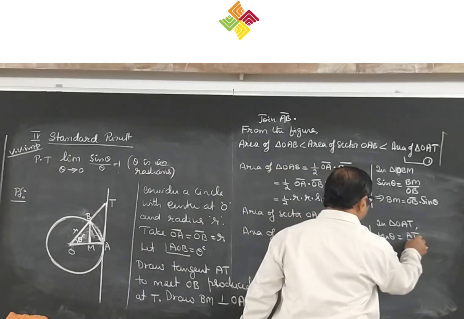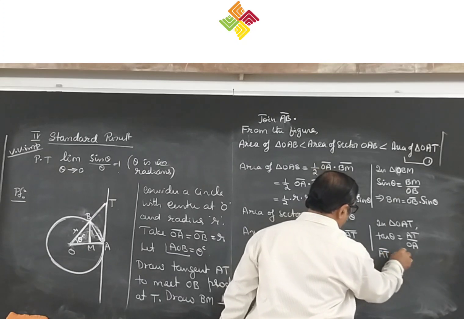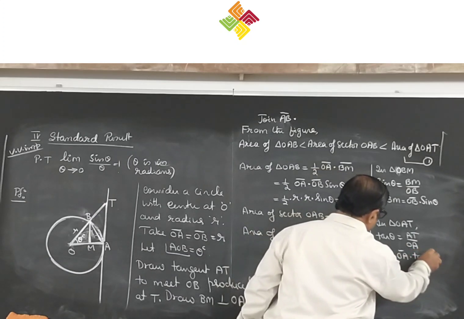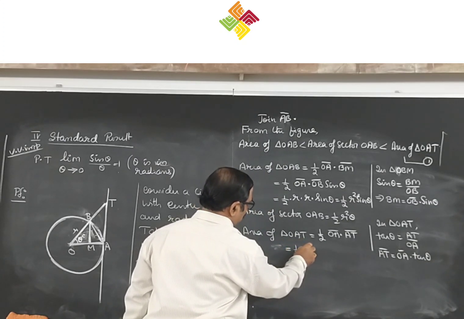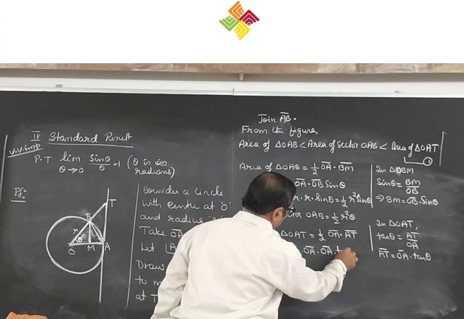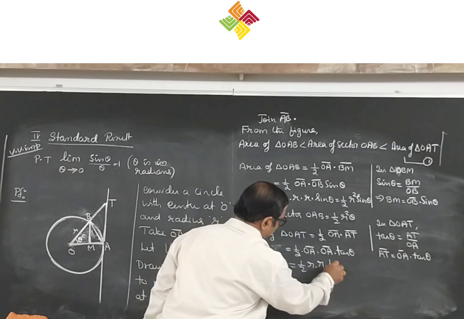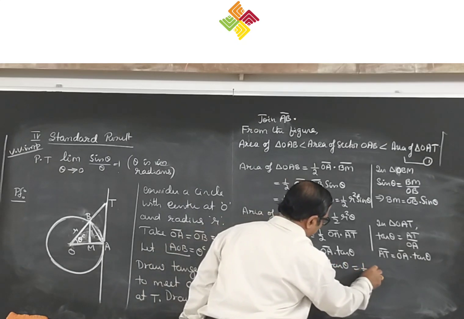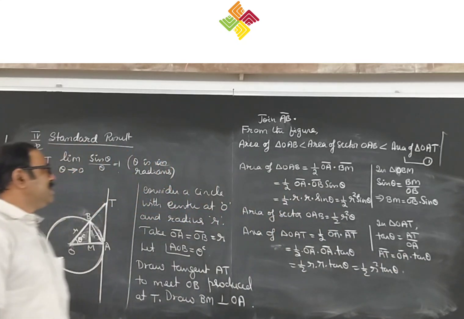AT by OA. So what is AT? OA into tan theta. So that is half into OA into R tan theta. Half R square tan theta.